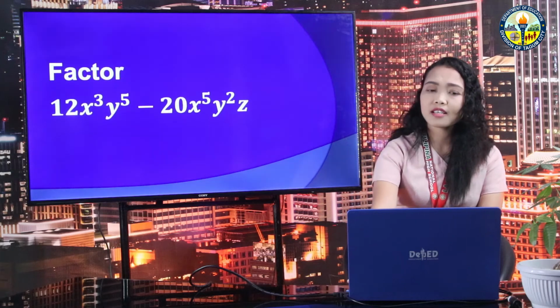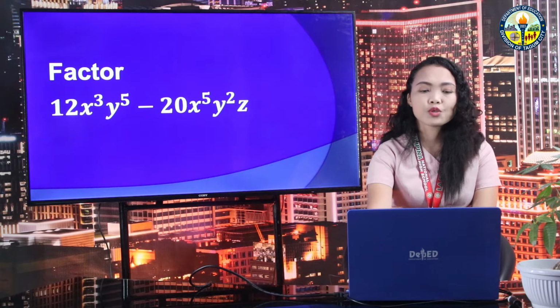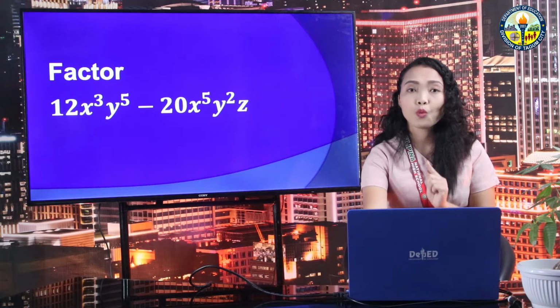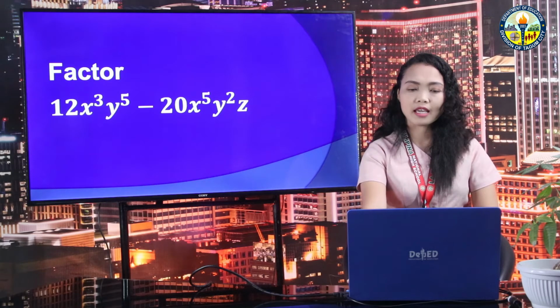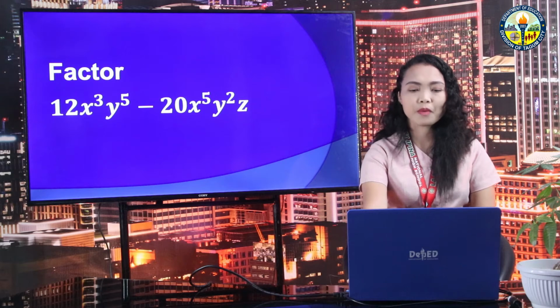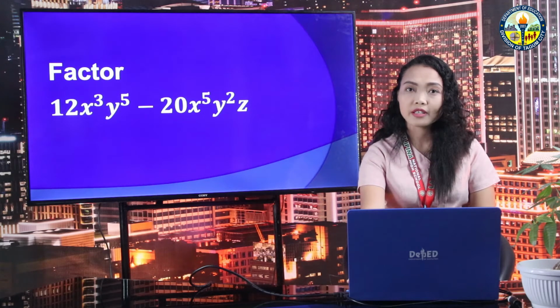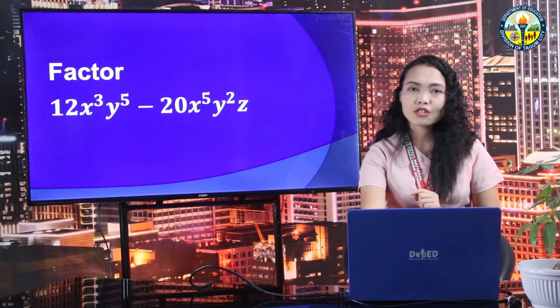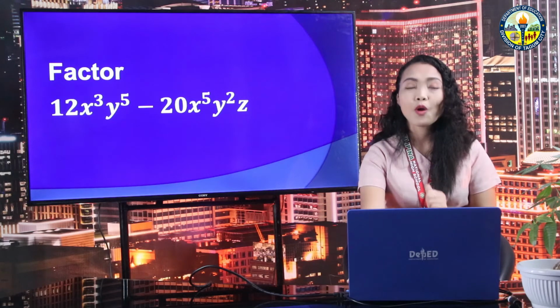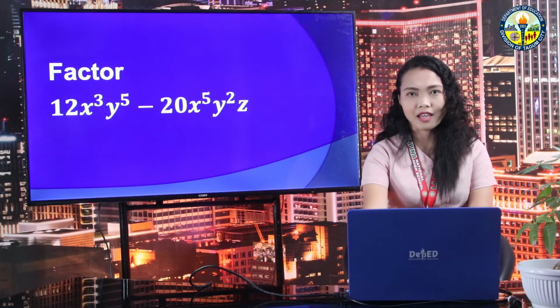Suppose you're asked to factor 12x cubed y to the 5th power minus 20x to the 5th power y squared z. I repeat, factor 12x cubed y to the 5th power minus 20x to the 5th power y squared z.